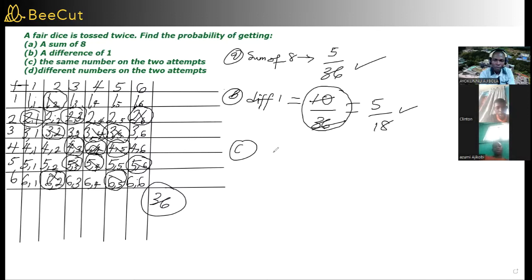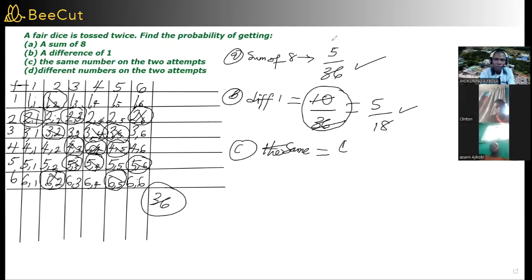So that will be the probability of getting the same number equal to 6 over what? 6 over 36.